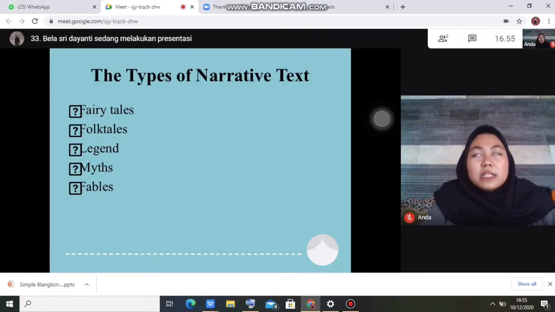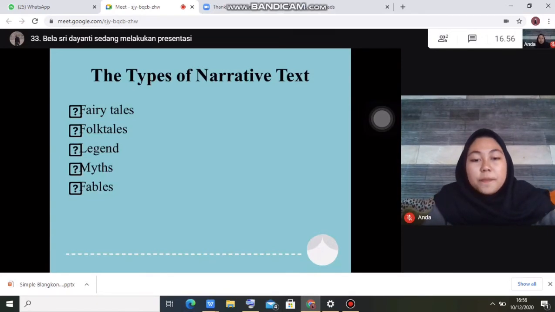For example, Sangkuriang, Timun Emas, and so on. The next is legend. Legends are stories on the edge of reality, often featuring miracle or extraordinary events, such as Malin Kundang, Candi Prambanan, Telaga Warna, and etc.